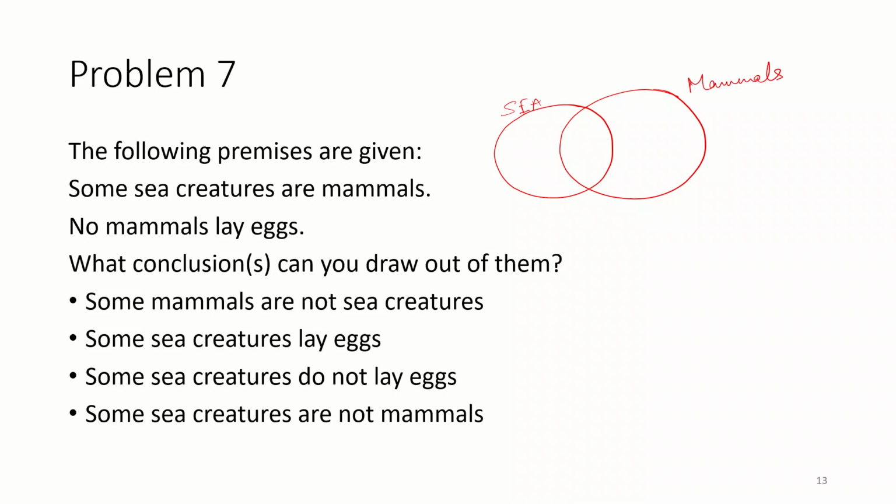No mammals lay eggs. So what conclusion can you draw out of them? Some mammals are not sea creatures. So they are telling that some sea creatures are mammals. That means this population is there. So the first one, I think, is wrong.